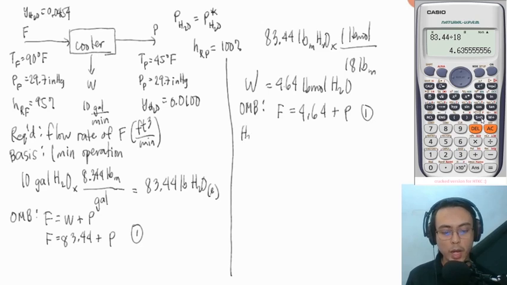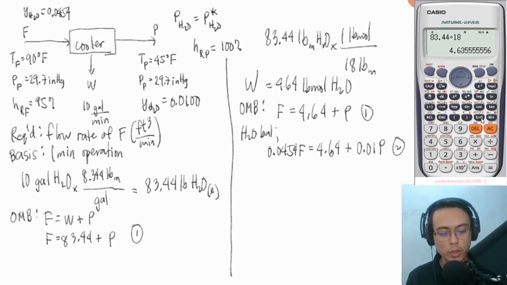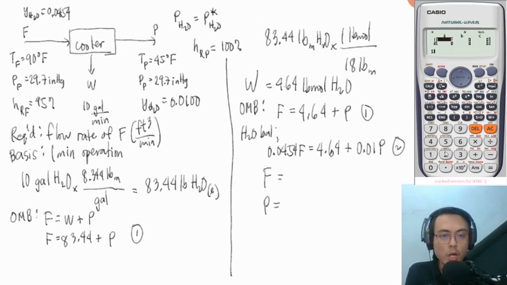Next, water balance, we have 0.0454 F equals 4.64 plus 0.01 P. We now have two equations, two unknowns. We can solve for the feed and the product. That is 1, negative 1, and then 4.64.